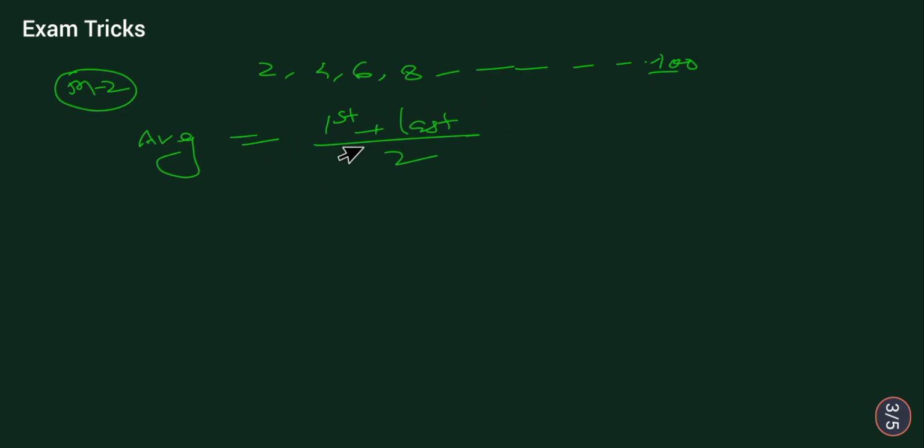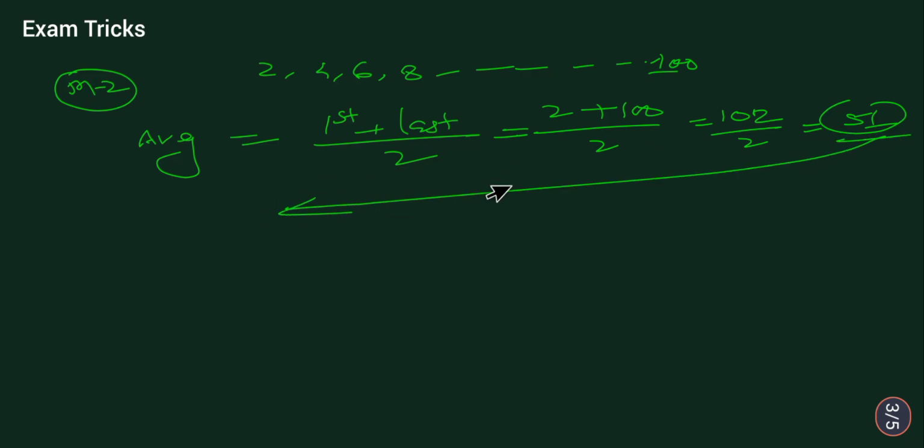So the first term is 2 and the last term is 100, divided by 2, is equal to 102 divided by 2, that means 51.